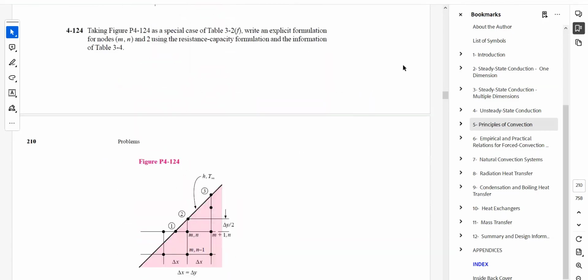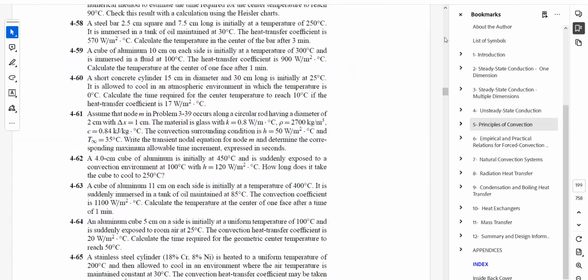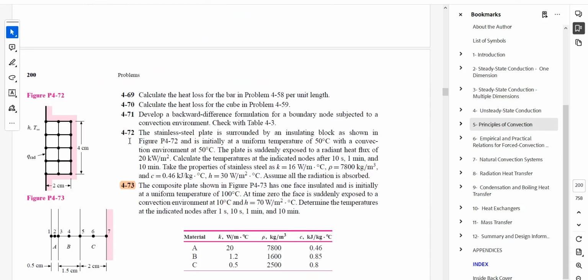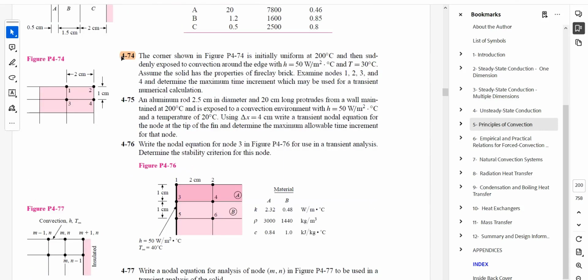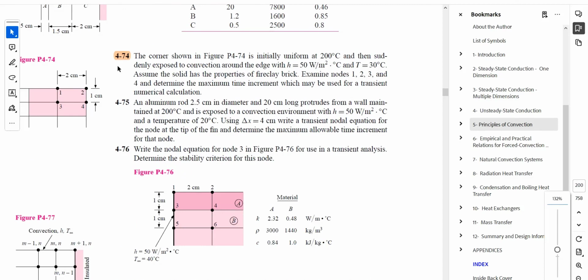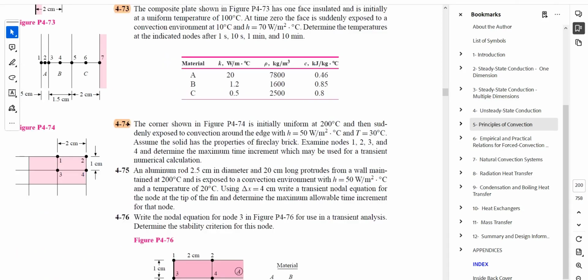Okay, this is problem number 74. We want to solve this problem. Let's read it together first. The corner shown in figure P4-74, this figure, is initially uniform at 200 degrees Celsius, and then suddenly exposed to convection around the edge.